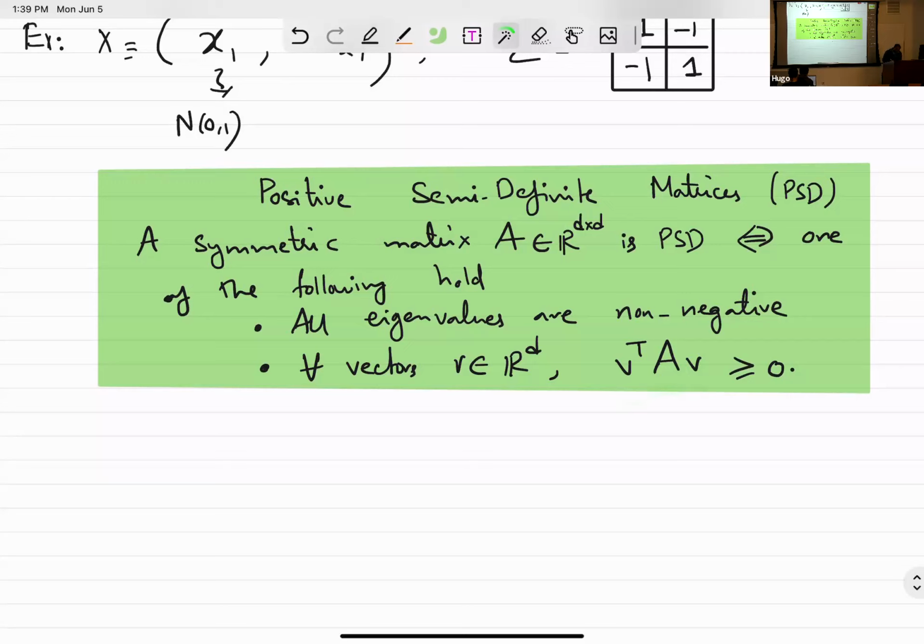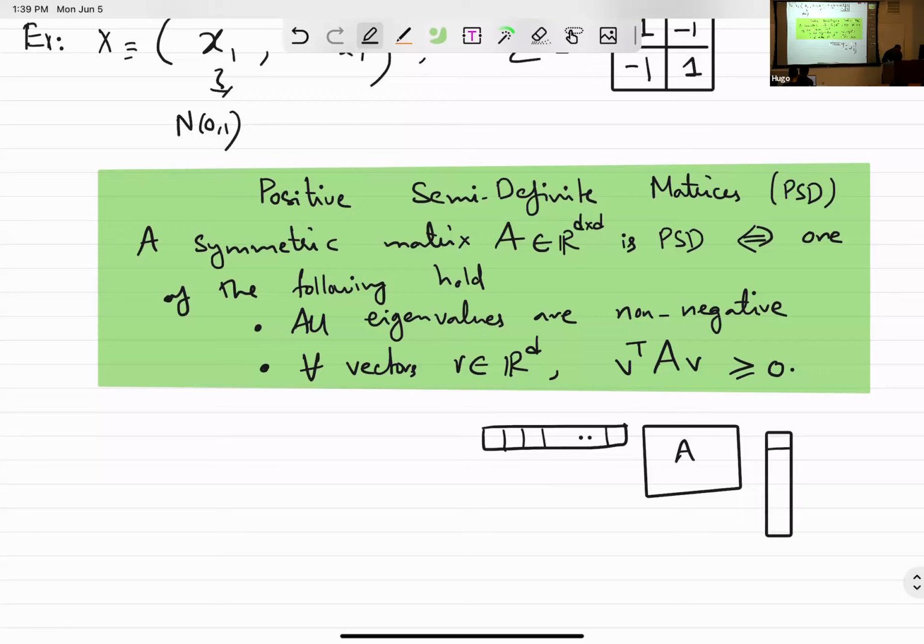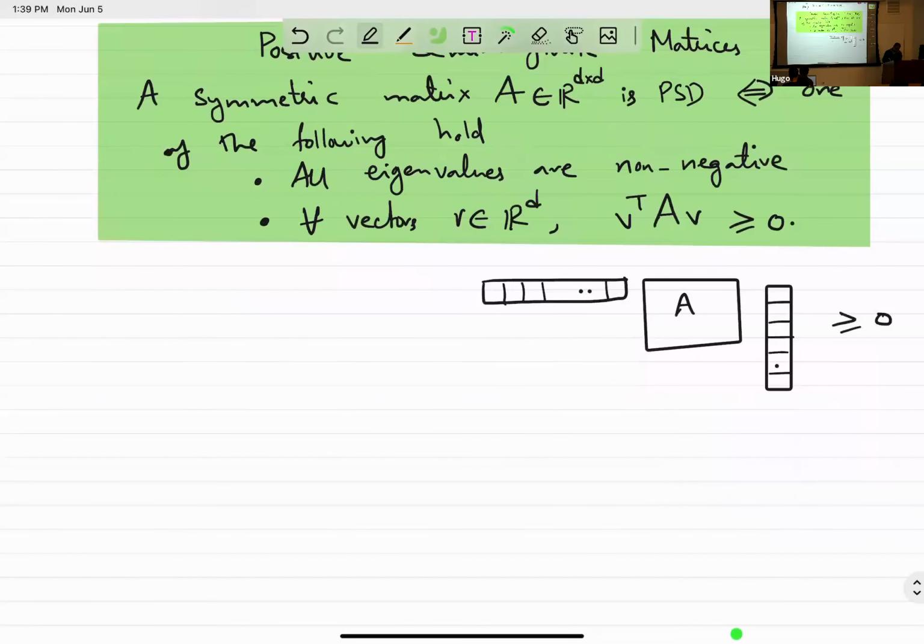For any vector v, no matter what it is, it could have negative entries, it could have positive entries, if I compute this inner product, I always get something non-negative. So v transpose A v is the summation over i, j of vi times vj times Aij. If I compute this quadratic form, you always get something non-negative.